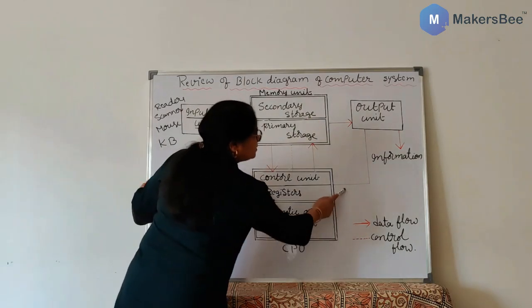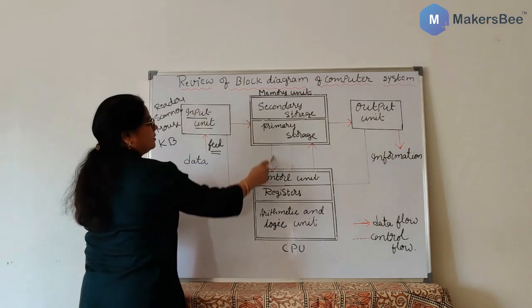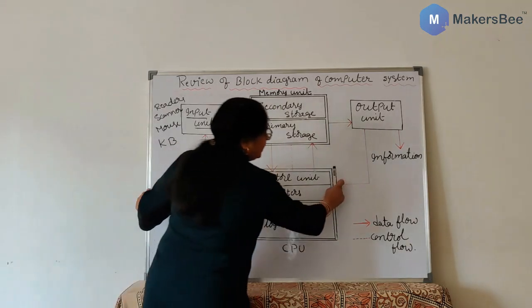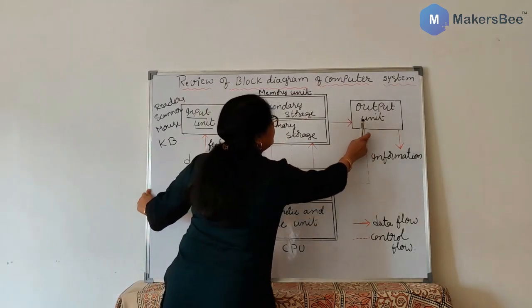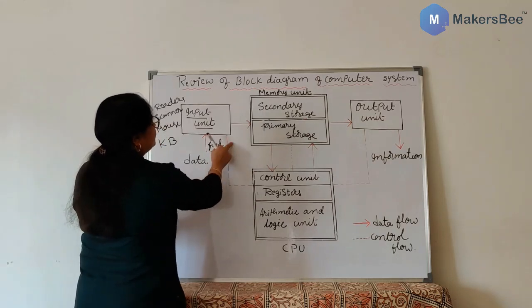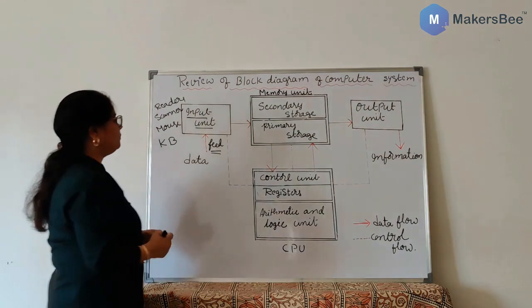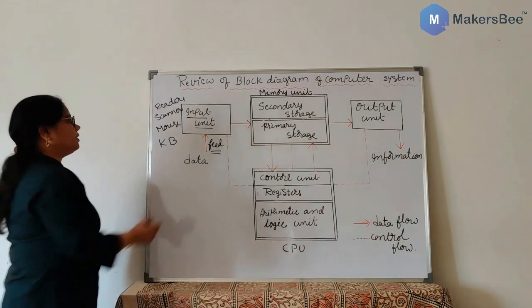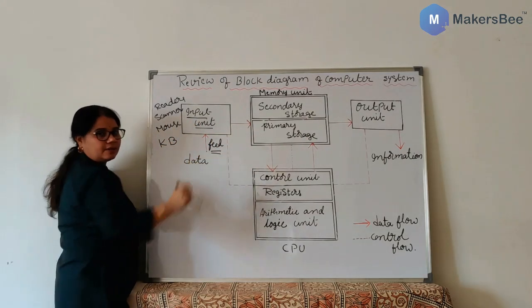The arrow shows the data flow here, from here. This is the data flow, and the dotted line shows you the control flow. Now let us study in detail about the input unit. The input unit is used to feed the data to the computer.